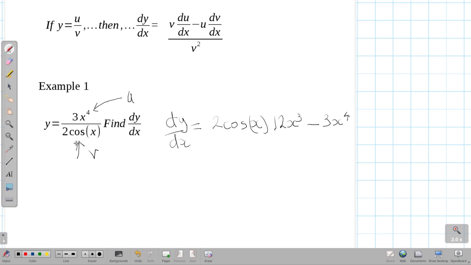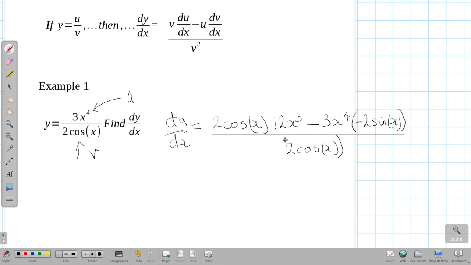So the derivative of 2 cosine x is going to be a sine, so we need to put it in brackets because it's a minus sign. Don't forget the 2, sine x, like thus, all over v squared, which is 2 cosine x squared.